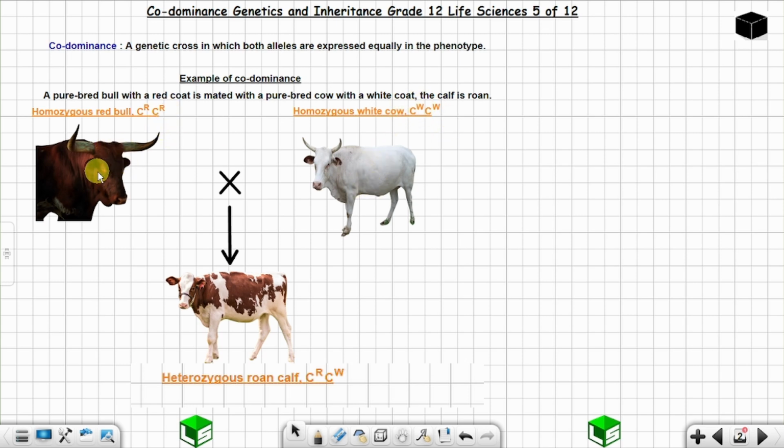This is why you have heterozygous, meaning two different letters. So in this case, you have codominance.